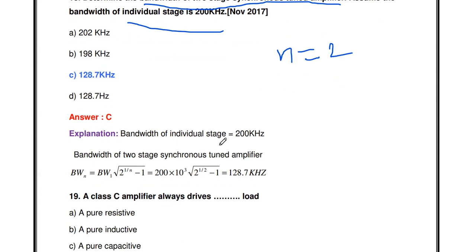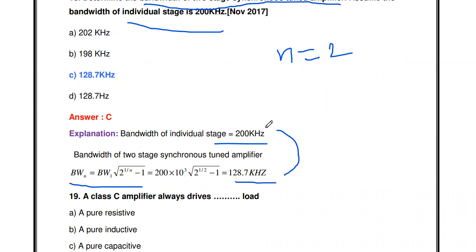The bandwidth of individual stages is 200 kilohertz, n equal to 2. Therefore the bandwidth of 2 stages, BWn, equals BW1 into square root of 2 to the power 1 by n minus 1, so 200 kilo into square root of 2 to the power 1 by 2 minus 1. If you calculate, we get 128.7 kilohertz.